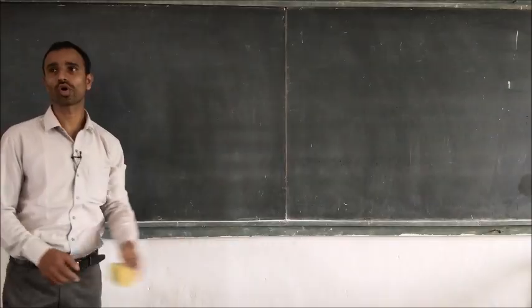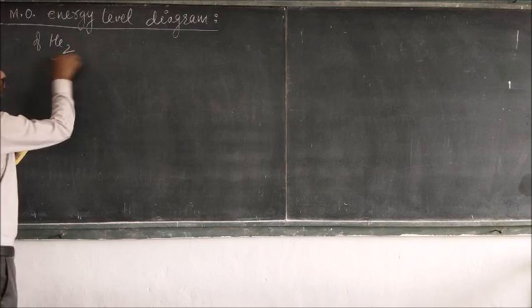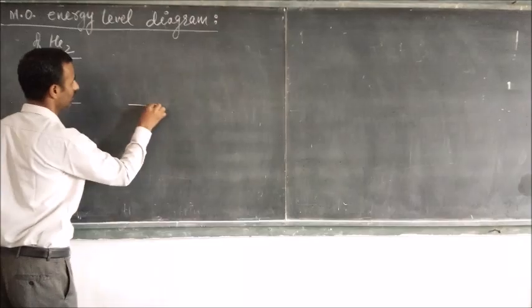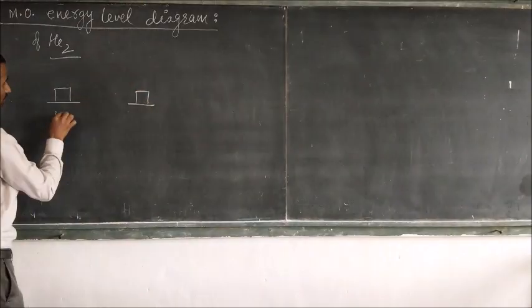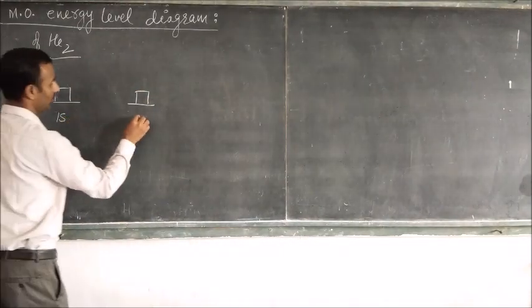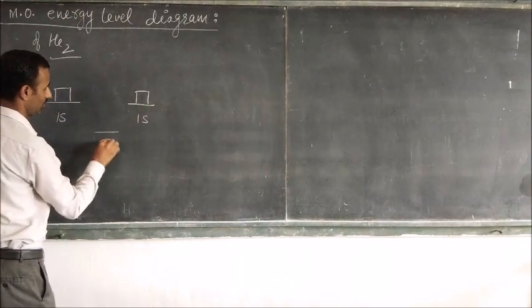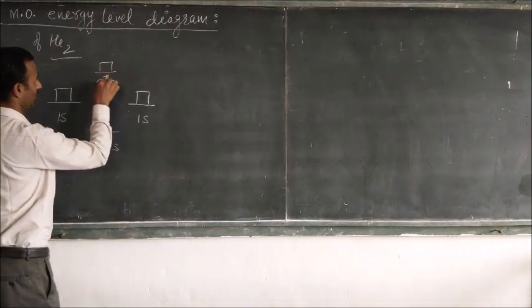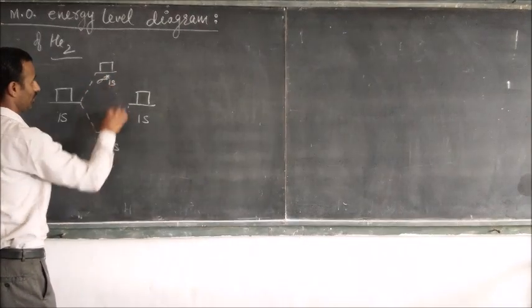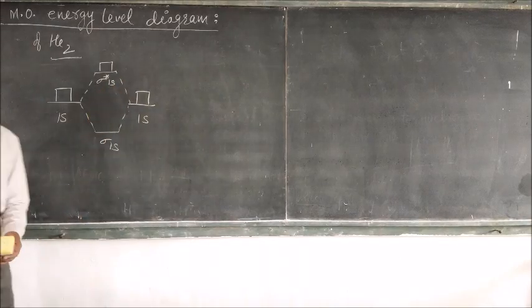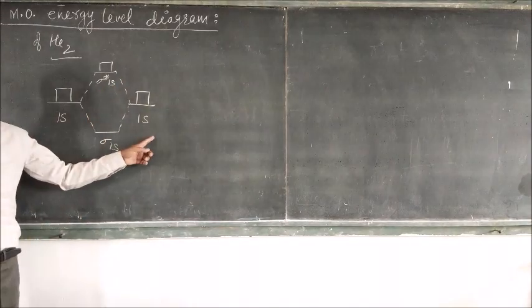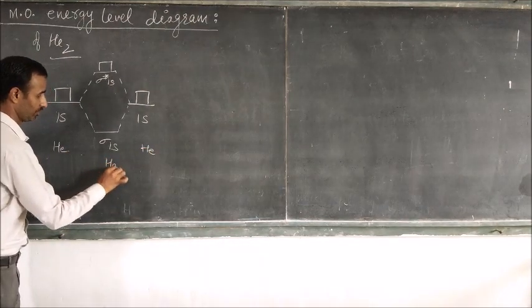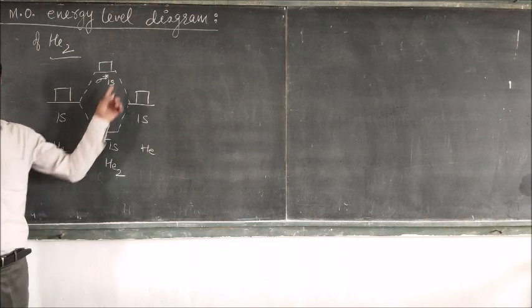Okay? Molecular orbital energy level diagram. Helium 2. For helium, 1s and sigma 1s, sigma star 1s.